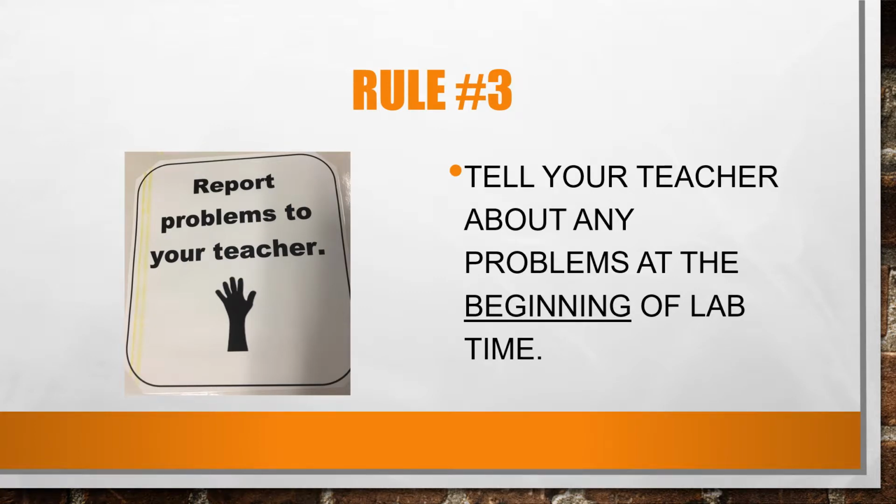So again, make sure you tell them first thing when you sit down. If you notice something wrong, there's a missing key on the keyboard, your sound jack isn't working, whatever it is, you say that right away. Otherwise, you're going to be held responsible for whatever the problem is.